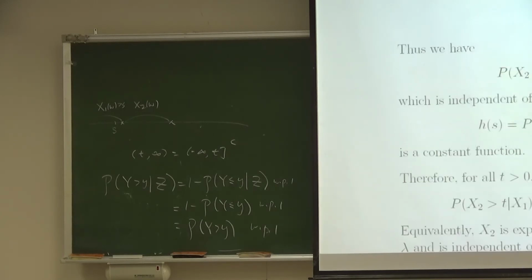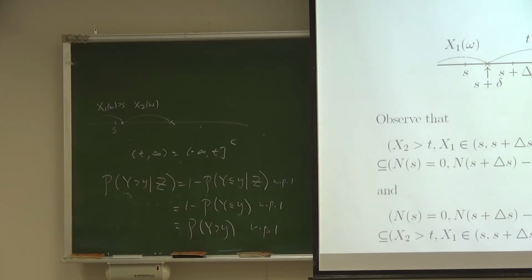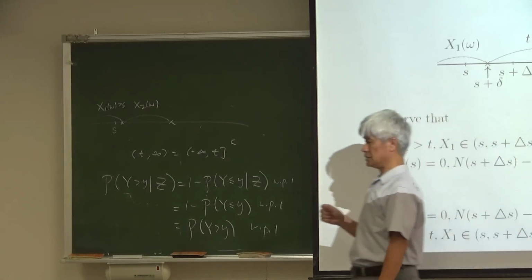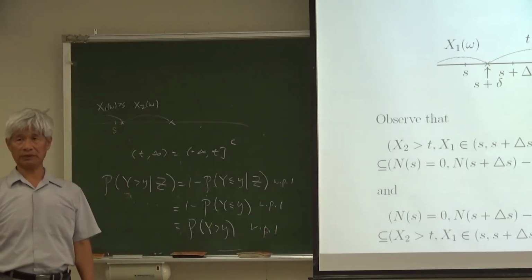I think the point is that the proof I gave here is a rigorous proof, and that's why I need this time diagram to explain everything. But the key idea is to use the independent and stationary increments, always using these two assumptions.